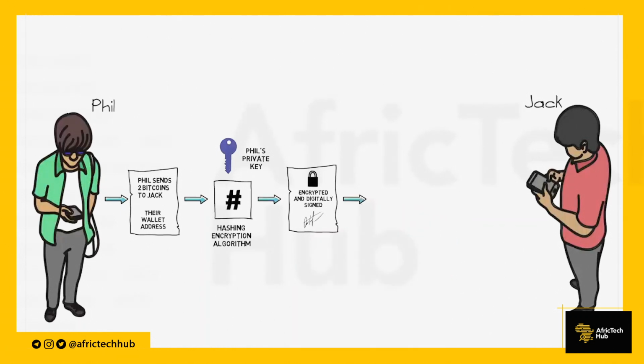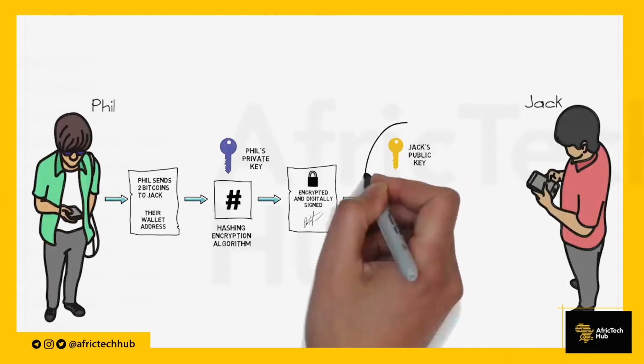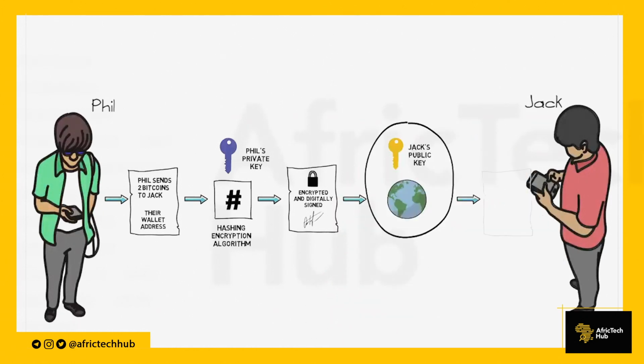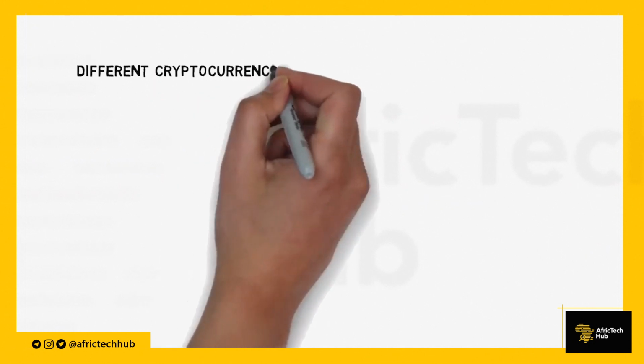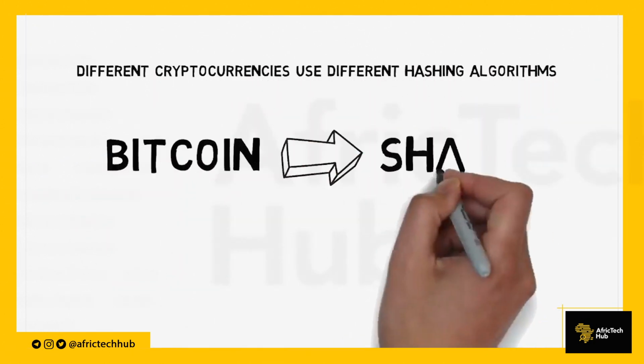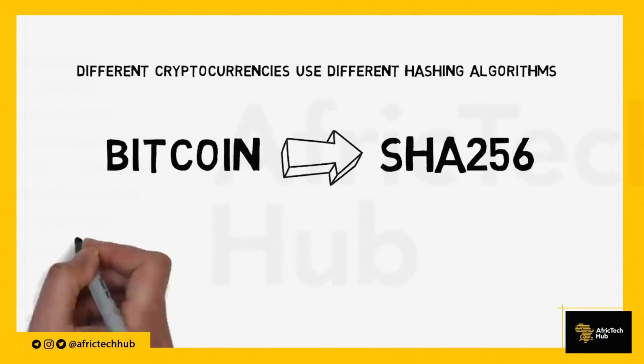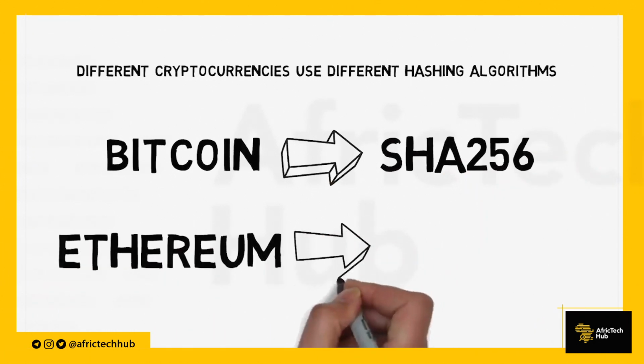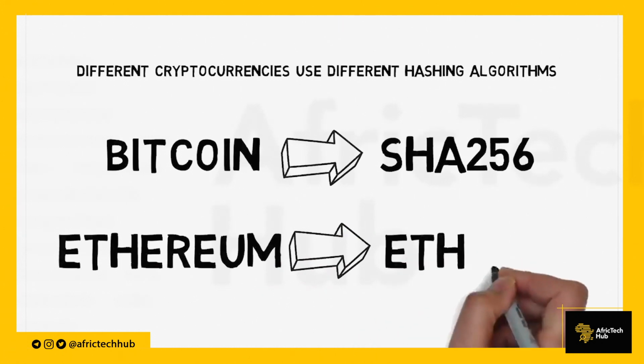This output is now transmitted across the world using Jack's public key. The message or transaction can be decrypted only by Jack's private key, which only Jack has knowledge of. Different cryptocurrencies use different hashing algorithms, while Bitcoin uses the SHA-256 algorithm. Ethereum, which is also a famous cryptocurrency, uses one known as Ethash.